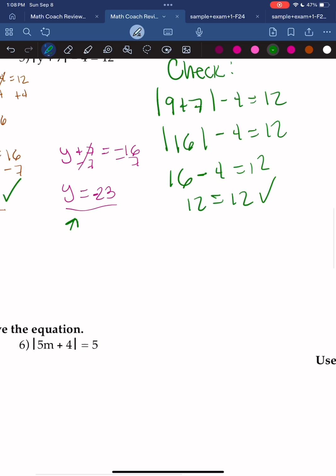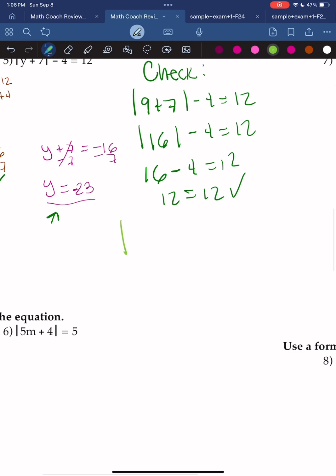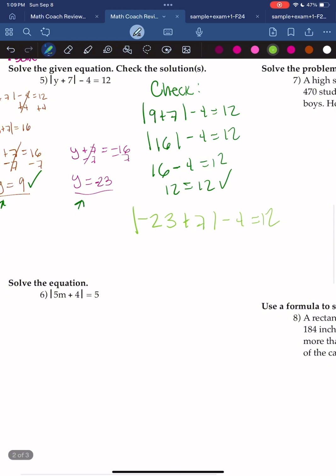So now let's check the other one. So in this case, y is going to be negative 23 plus 7 minus 4 equals 12. So it's negative 23 plus 7. Negative 23 plus 7 is going to give us negative 16.